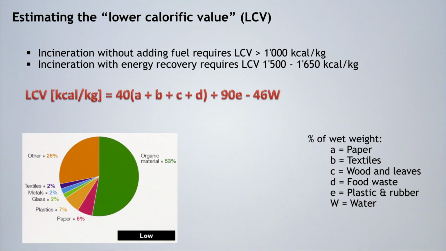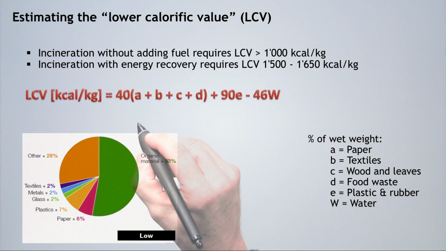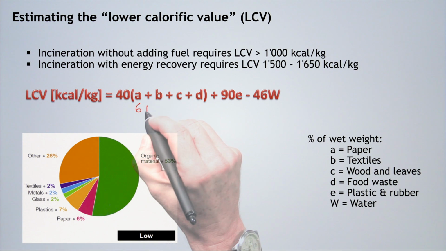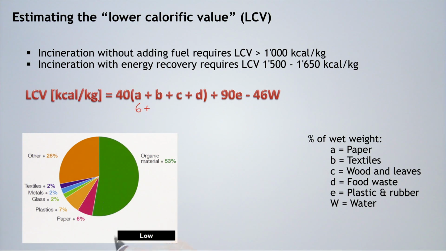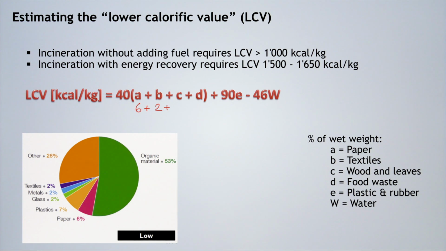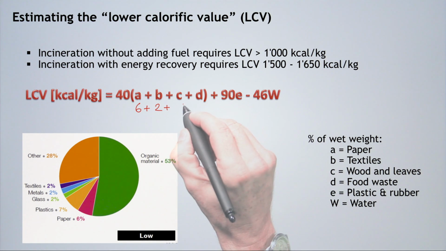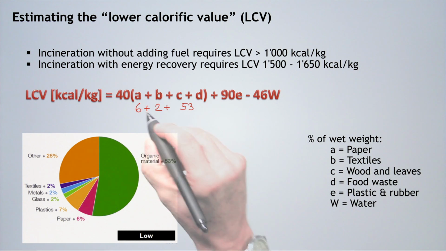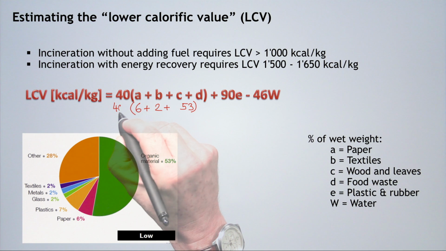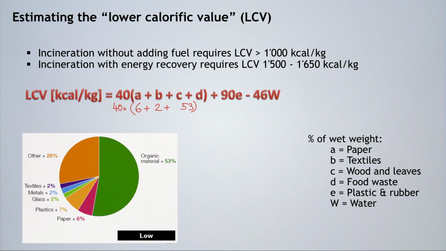As an example, now let's plug in the numbers for a low-income country. We have 6% paper, 2% textiles, and 53% biowaste, which would be the sum of wood and leaves and food waste.